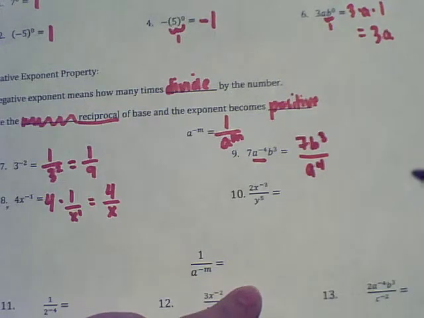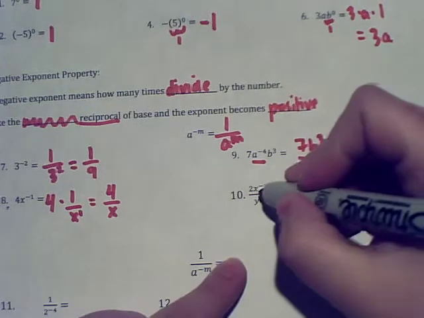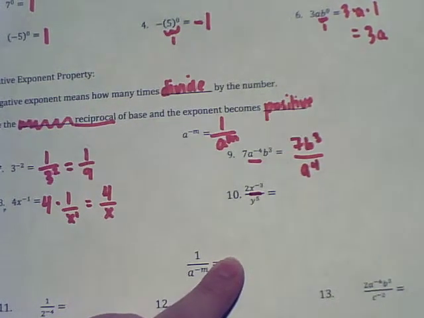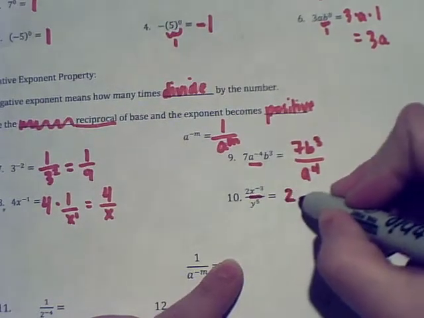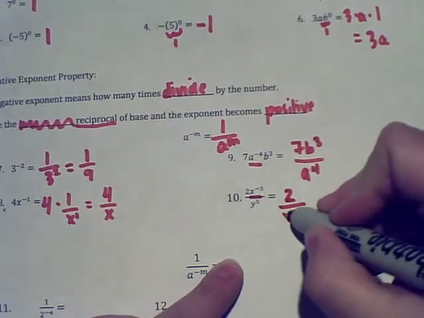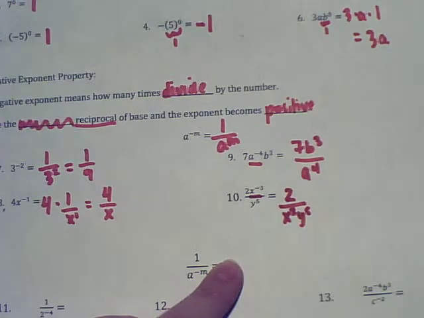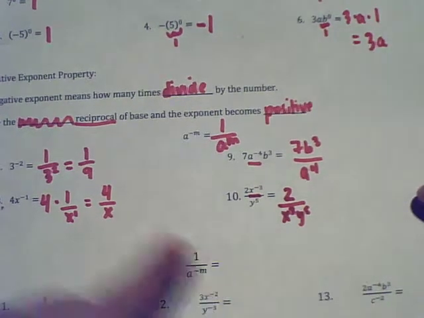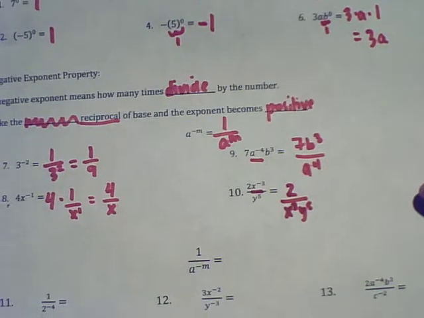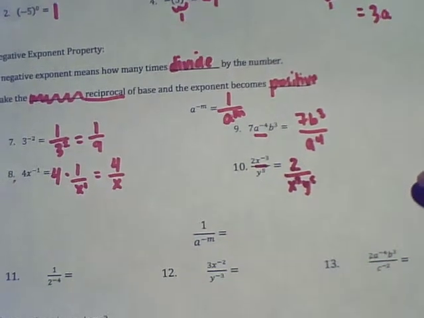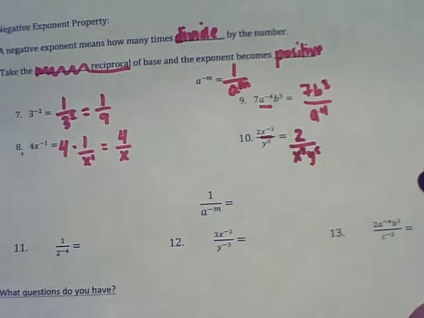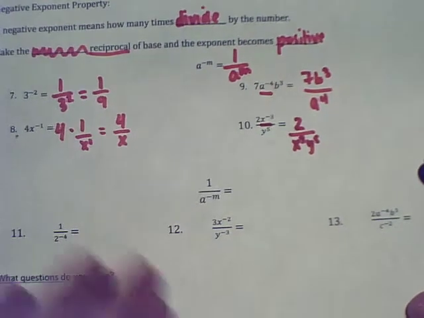Number 10, the x is what has the negative exponent. So I'm going to have 2 over x cubed y to the 5th. Just the x moves to the denominator. Again, you're taking the reciprocal and moving it to make your exponent positive.